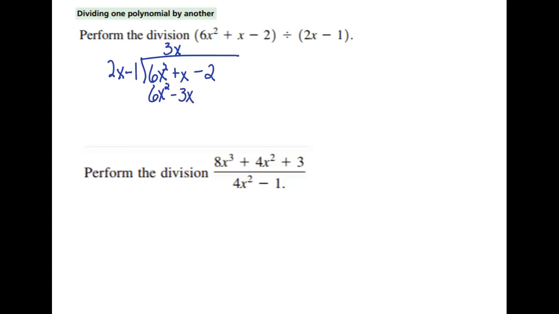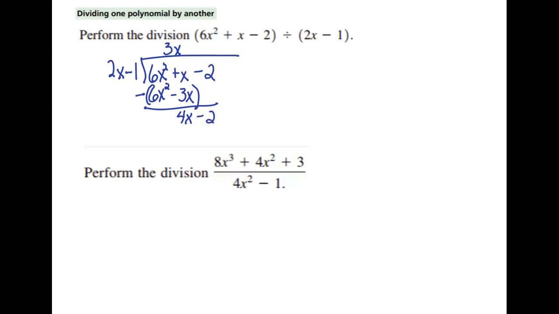And just like long division with numbers, we draw our line and we're going to subtract everything. So 6x squared minus 6x squared is 0. x minus -3x is 4x. Minus a -3 is plus 3. And then bring down our next term, the minus 2, and go through the process again.